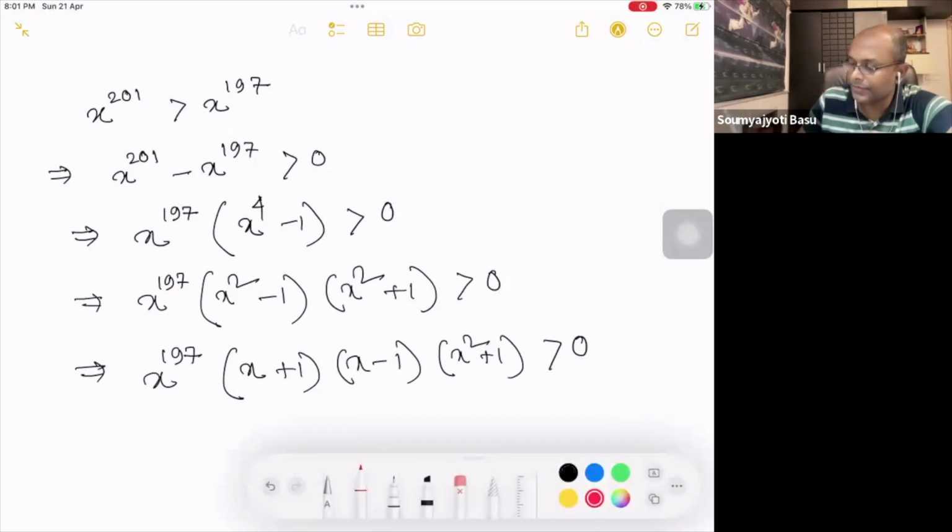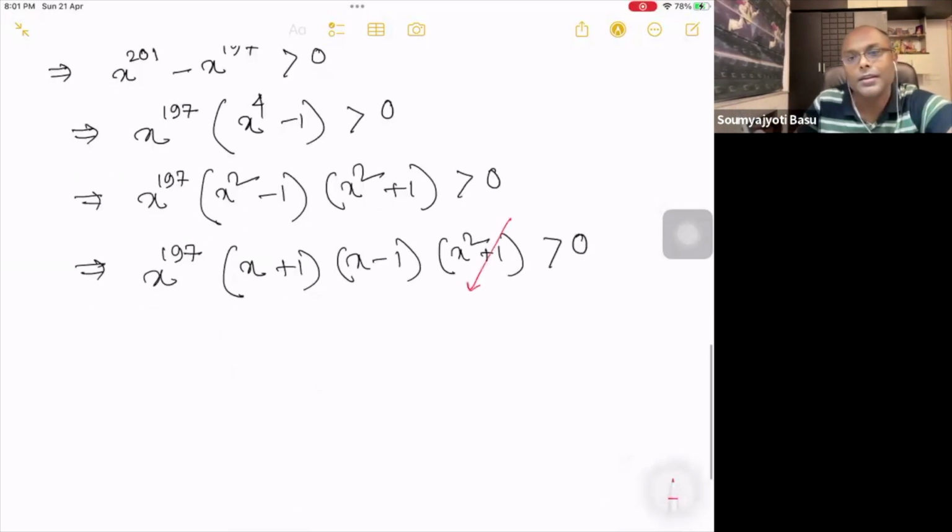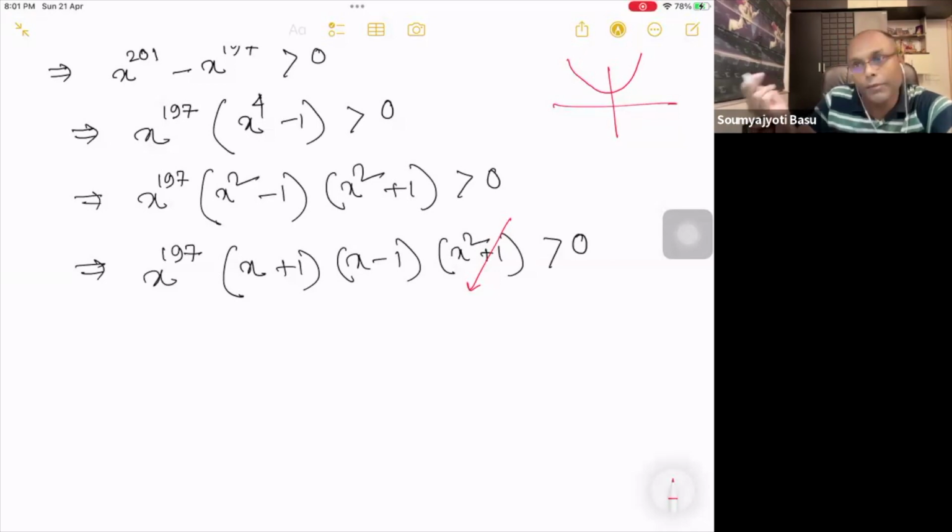Now observe this term x squared plus 1. This is also always positive, right? X squared is always positive, x squared plus 1 is always positive. So this quadratic equation x squared plus 1 is also of this form, which never cuts the x-axis. There is no real root and it's always positive. So you can remove it from the equation.